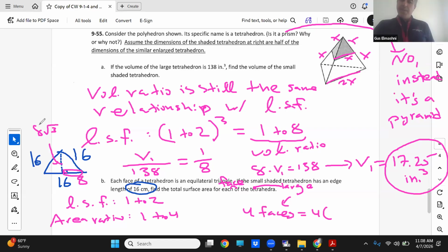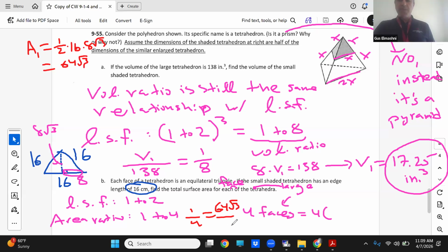Yeah, and how about the height? Yeah, so my bad. So the small area, there's a little extra work we had to do, is 1/2 times 16 times 8 root 3. That's 64 root 3. So 1 over 4 equals 64 root 3 over the big area.